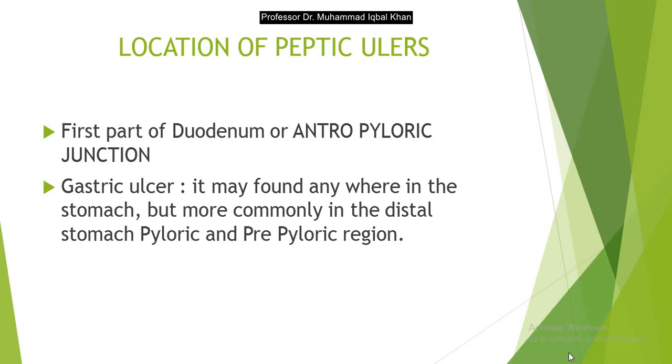In the duodenum, or in the pyloric junction, the peptic ulcer commonly presents. However, in the stomach it may be found anywhere, and commonly in the distal stomach, pylorus, and the prepyloric region.